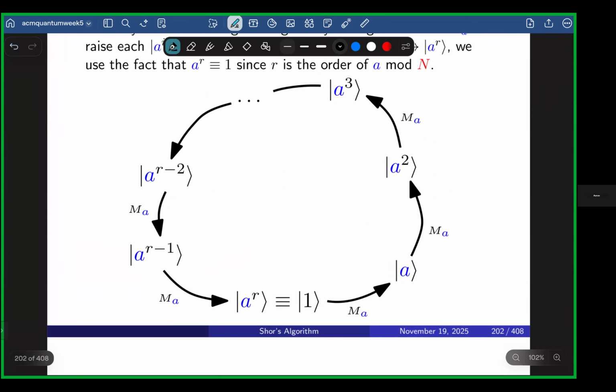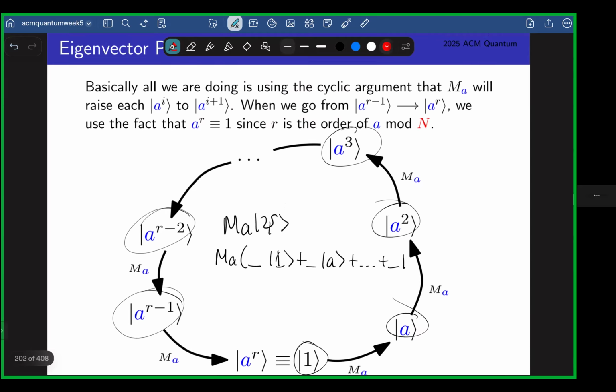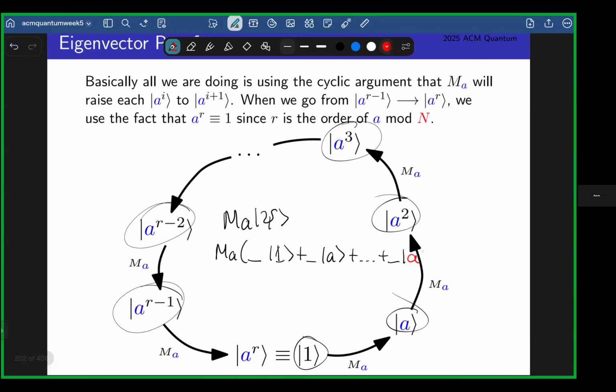Remember that the eigenvector is a sum of 1, a squared, a cubed, all the way to a to the r minus 1, right? When we take MA and multiply it on that sum, plus A, all the way to a to the r minus 1.